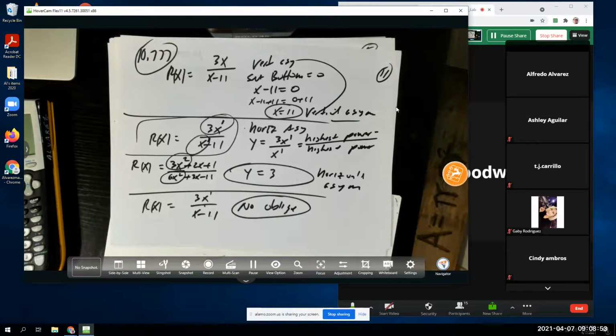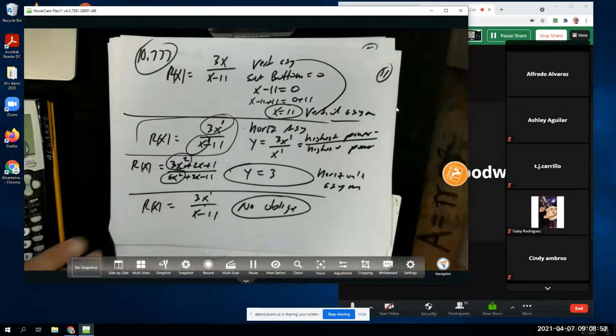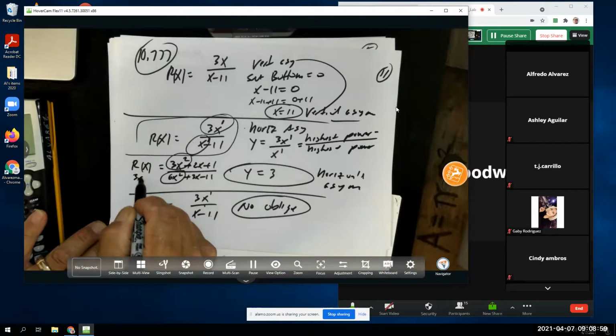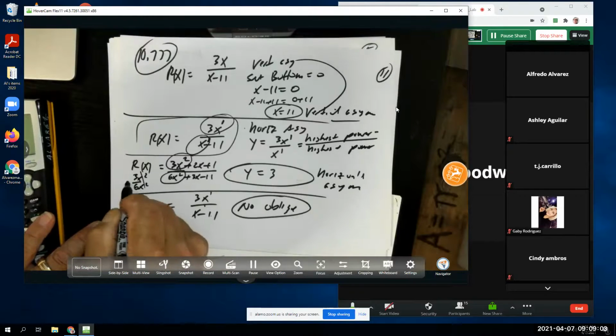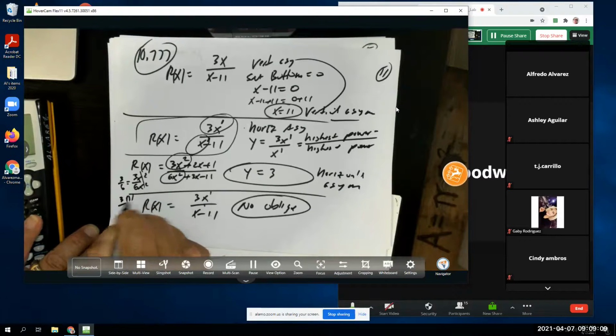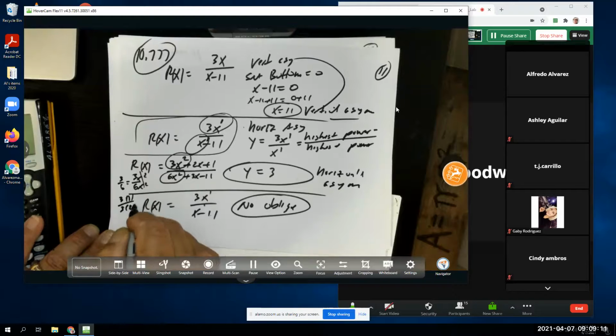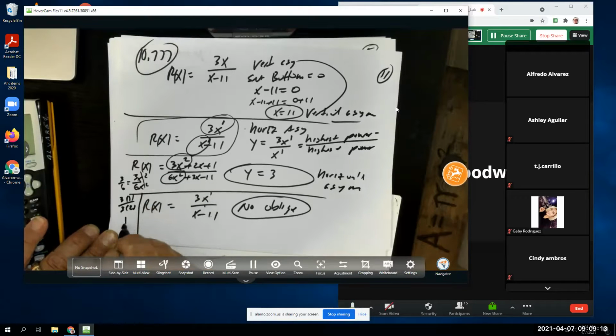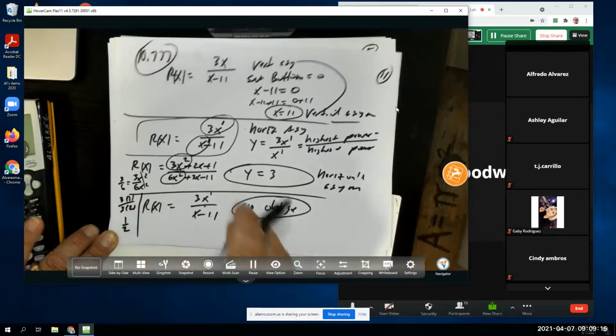Y'all see that right there? So for this one, the answer would be 3x squared over 6x squared. The x squares are gone, right? And that will give me 3 over 6. But 3 over 6 is 3 times 1 and 3 times 2. So really at the end it's going to be what? 1/2.